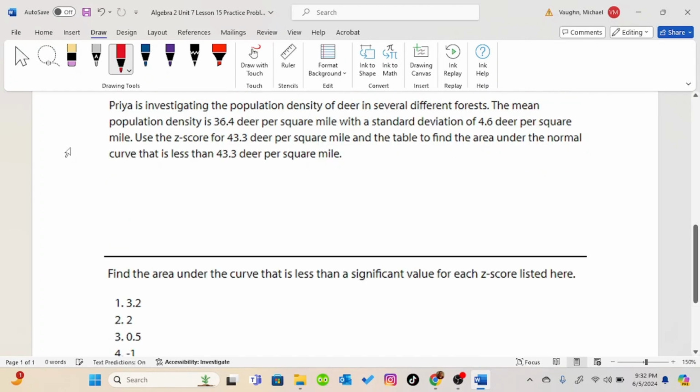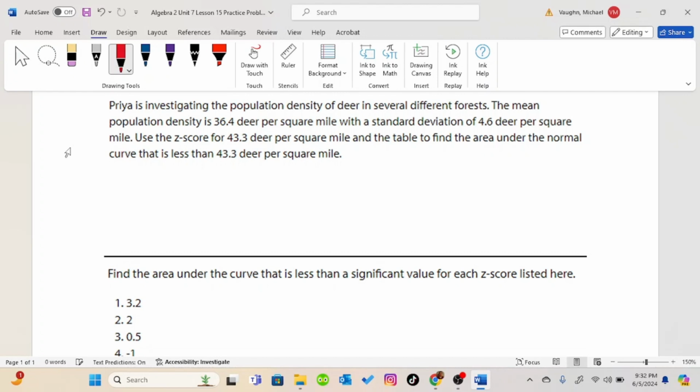Our second practice problem says Priya is investigating the population density of deer in several different forests. The mean population density is 36.4 deer per square mile, with a standard deviation of 4.6 deer per square mile.